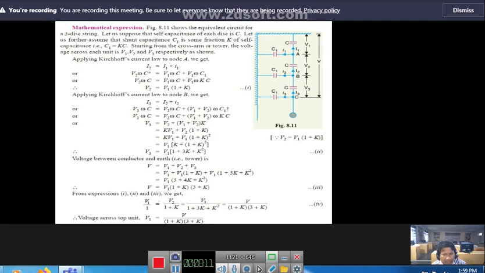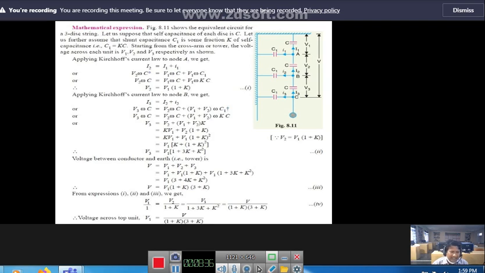From the definition, C1 is equal to Kc. Substituting and taking common factor omega C, which cancels, V2 is equal to V1 into 1 plus K. Consider this as equation 1.